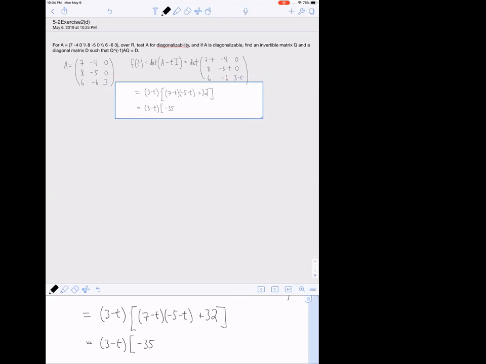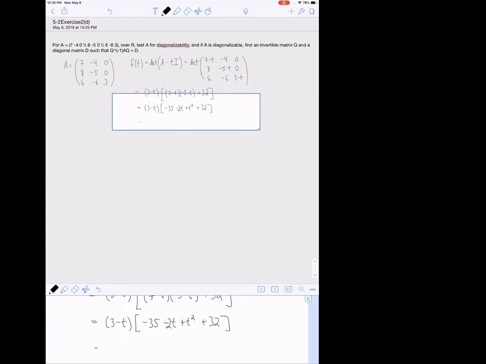Minus T times minus 5 is positive 5T. 7 times minus T is a minus 7T, so that will net us a minus 2T. And finally, we'll get a plus T squared. Let us not forget our positive 32. Okay, that should simplify nicely.